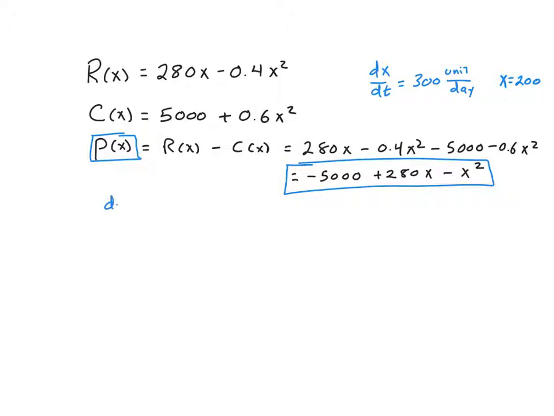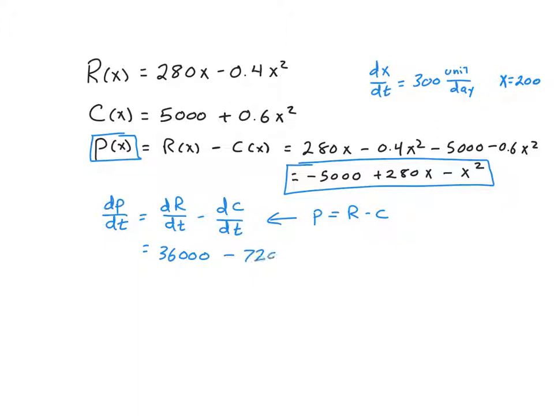So I could assume that, and that would mean my dR/dt minus dC/dt, and that would come from taking the function P is R minus C and differentiating both sides implicitly. So I could do it that way, and then I could use the values I had from before, which was 36,000 minus 72,000, and that would give me a rate of change of profit of negative 36,000 per day.